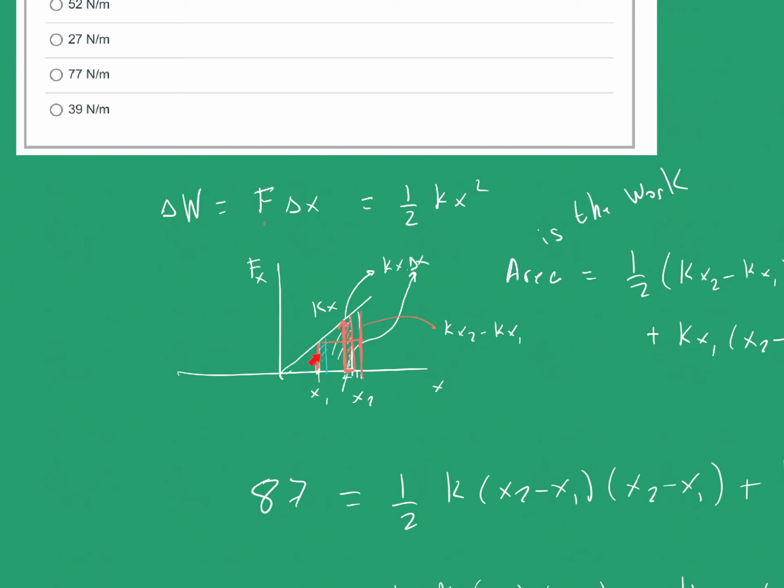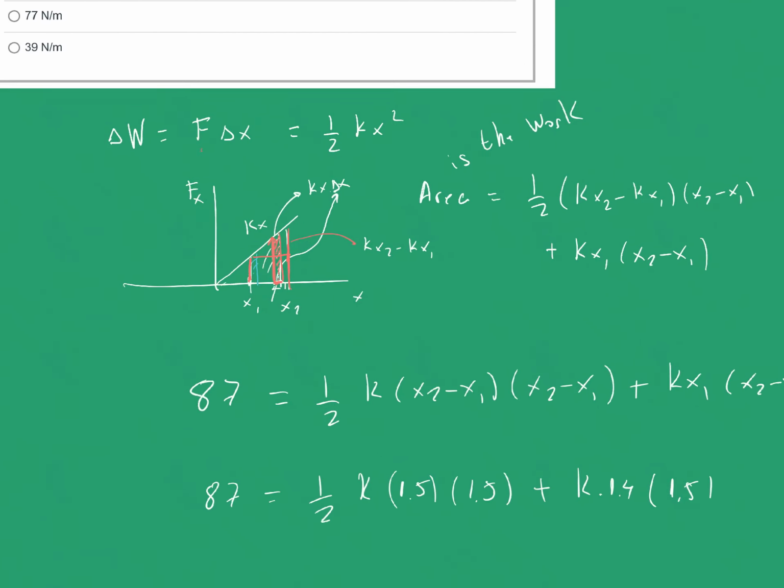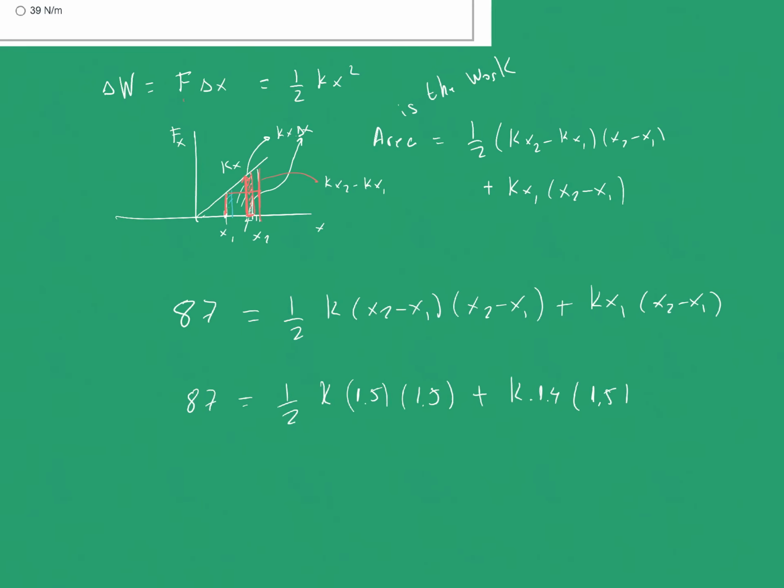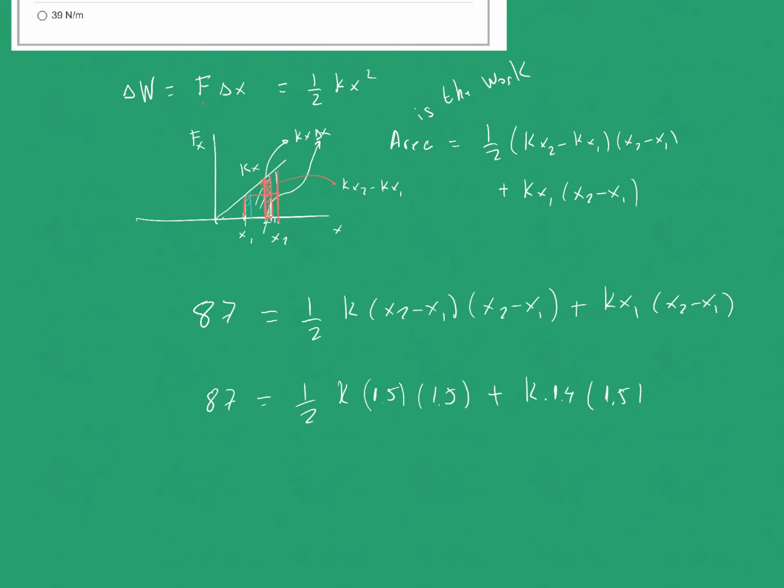This is kx1, because the force is kx1, k by x. At the position x1, the force is kx1, by x2 minus x1. So the area of a rectangle is side multiplied by side. So the total area is the sum of the area of the triangle and the area of the rectangle.